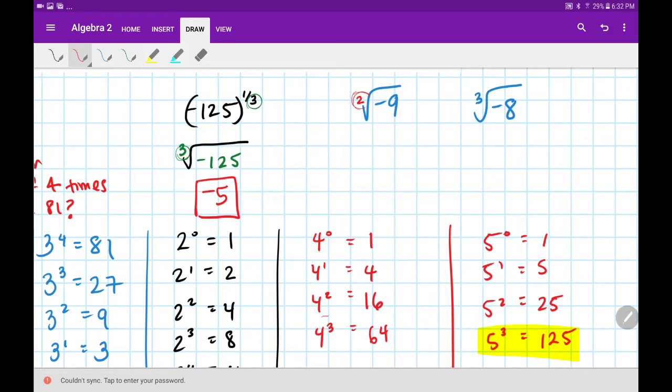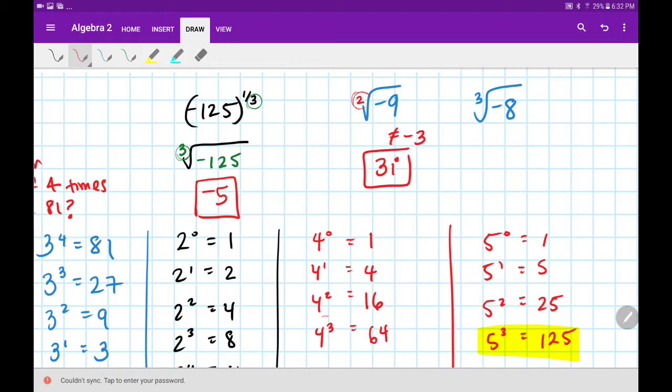So what number times itself 2 times will give me negative 9? If you said negative 3, you have to think carefully. Negative 3 times negative 3 is positive 9. So see if you remember from unit 1, this is not equal to negative 3. This is actually an imaginary number. 3i would be the answer.